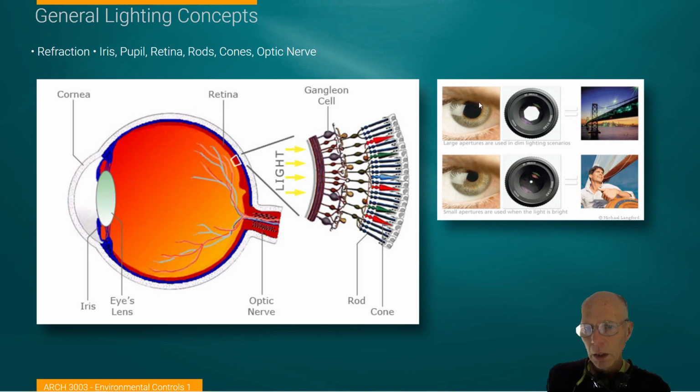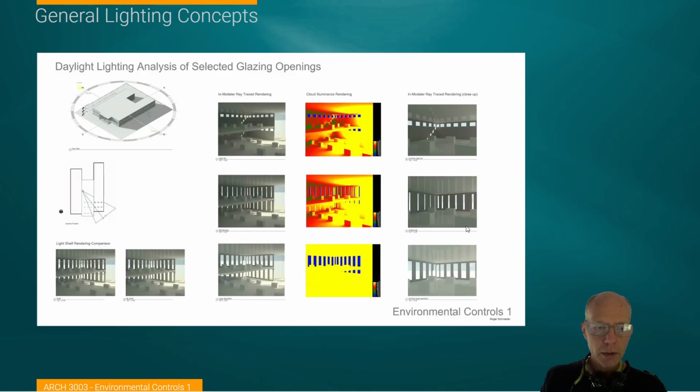So when the eye is open very wide, or the camera lens is open very wide, the foreground, if it's focused on, is very sharp, but the background can be very blurry. In the case when things are brightly lit and the aperture is shut down very tight, the depth of field is very deep, so everything stays in focus. So this idea of being able to control that aperture and depth of field is important, especially when we're trying to create high quality renderings in model space.